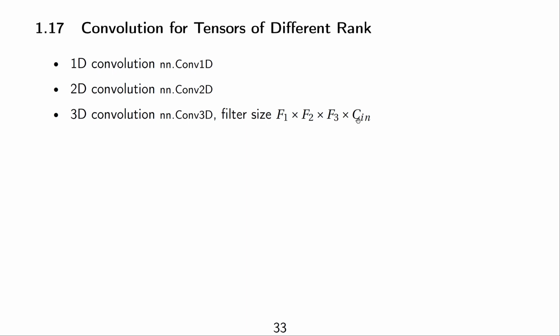So for 3D convolution, we would have an input tensor that has rank 4 and an output tensor of rank 4, and then if you do batch processing again, we would process rank 5 tensors as input, giving a rank 5 tensor as output.